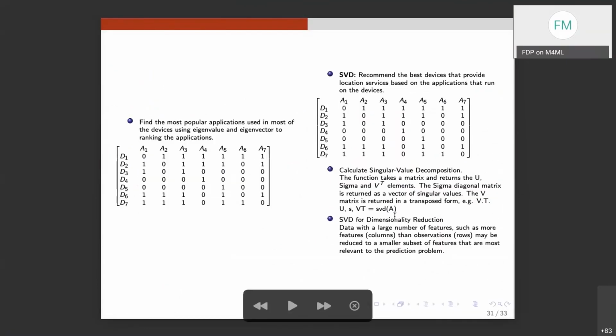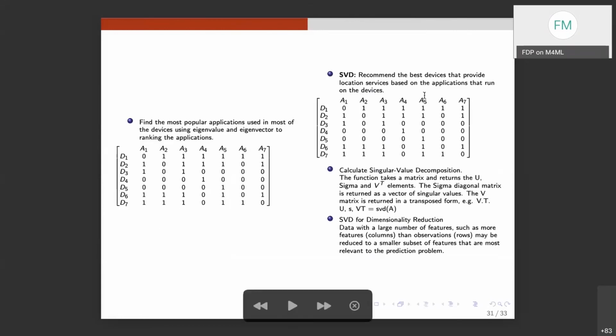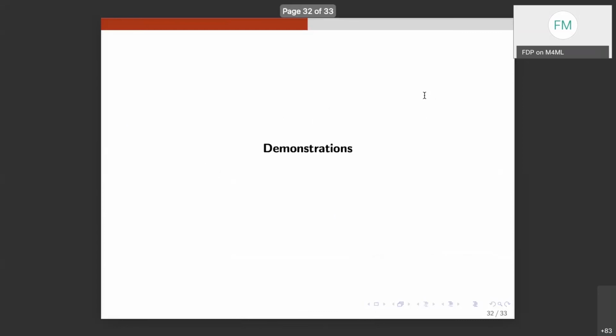Whatever example I showed for SVD as well as this, we try to find the best device to provide location services, and also we can recommend a set of applications.